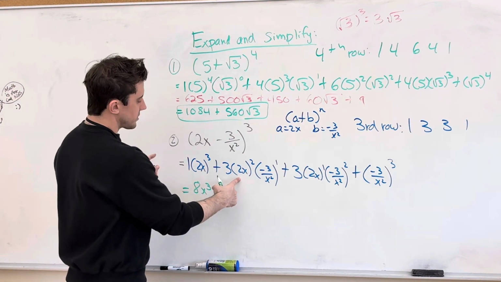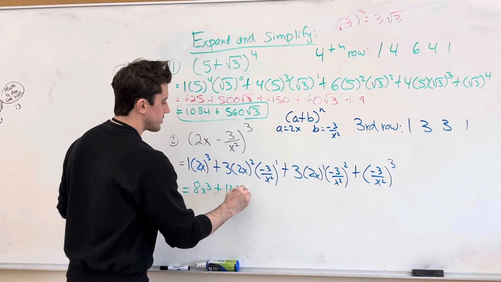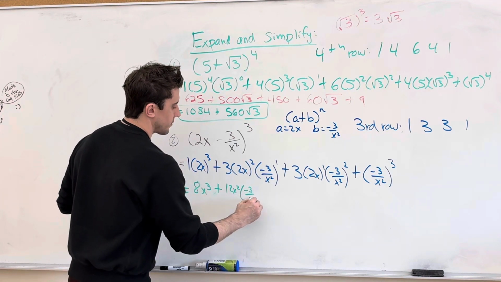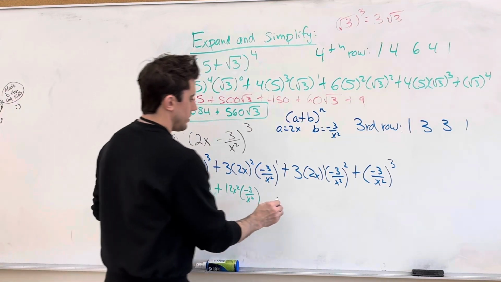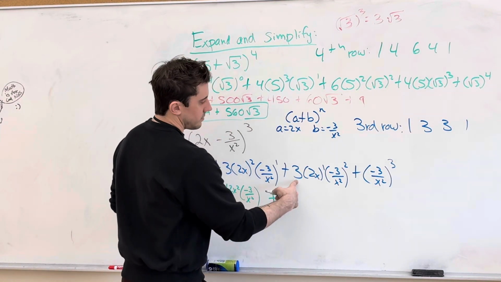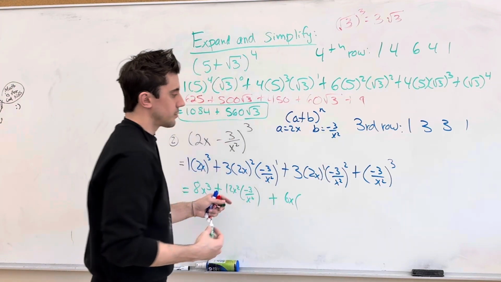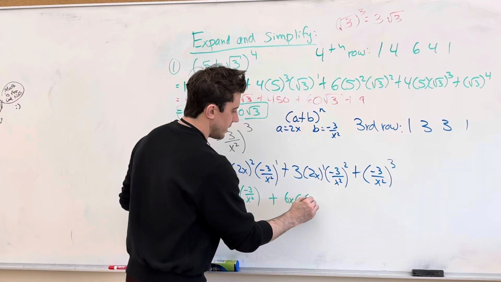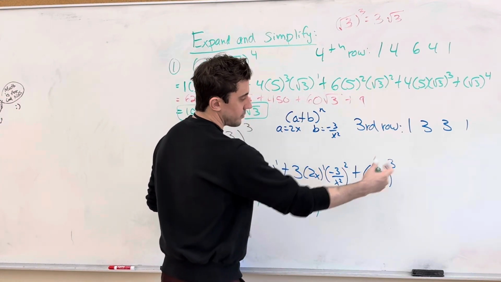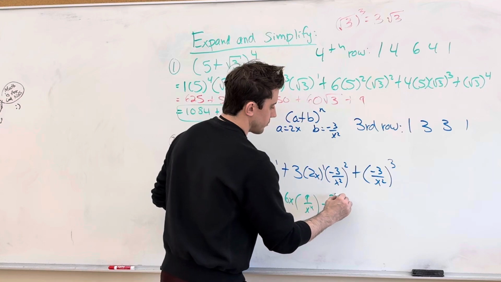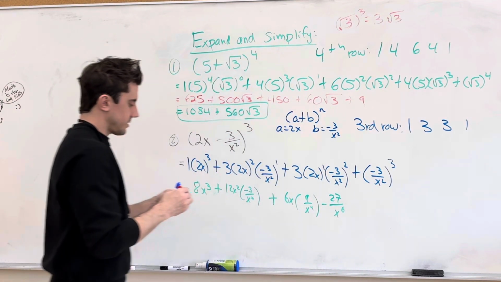So we'll have 12x squared times negative 3 over x squared. We can do that out in the next line. Then we'll have plus 6x times negative 3 over x squared becomes 9 over x to the 4. And finally, negative 3 cubed is negative 27. So that will be negative 27 over x to the 6.